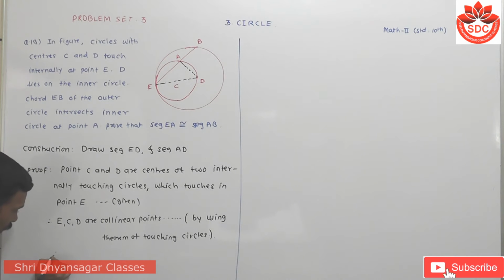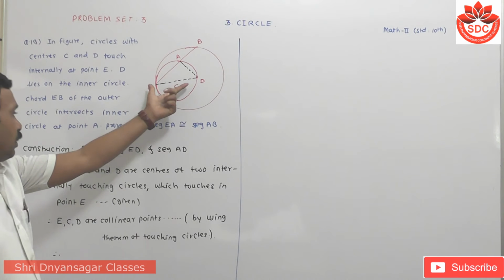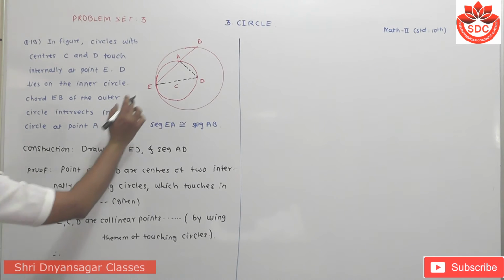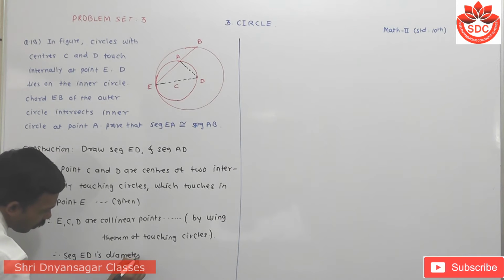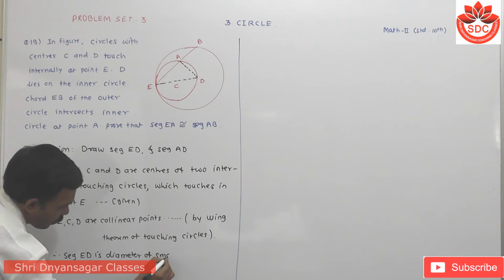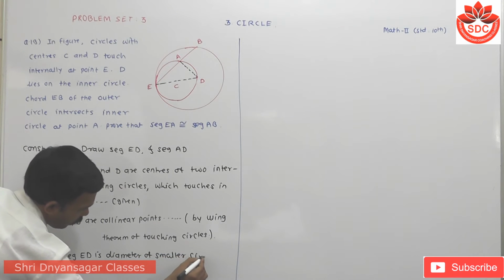Means that if E, C, D are collinear, this is the diameter of the smaller circle, therefore segment ED is the diameter of the smaller circle.